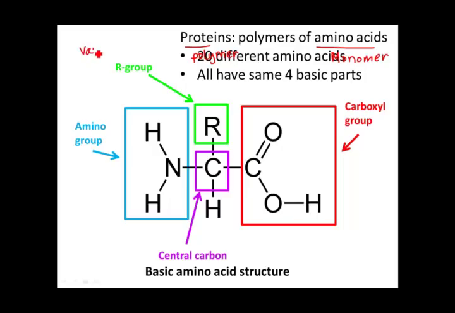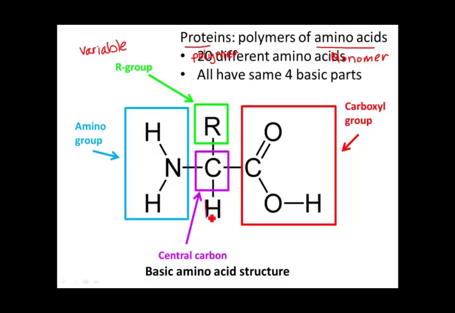And remember, there are 20 different amino acids, so they all have a different R group. All 20 have the same amino group, central carbon, and carboxyl group, but have a different R group. And I'll show you those in a moment. I just want to point out also that the central carbon always has this little hydrogen hanging out here. The hydrogen doesn't have a name, but it always goes with the central carbon.